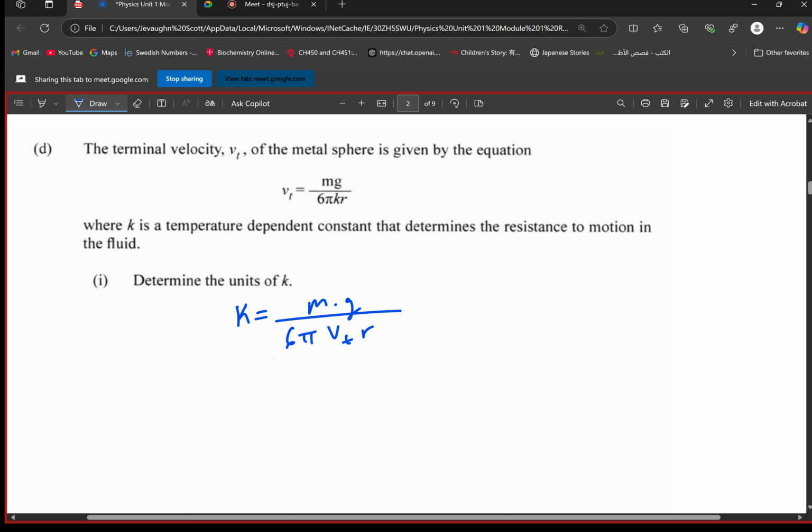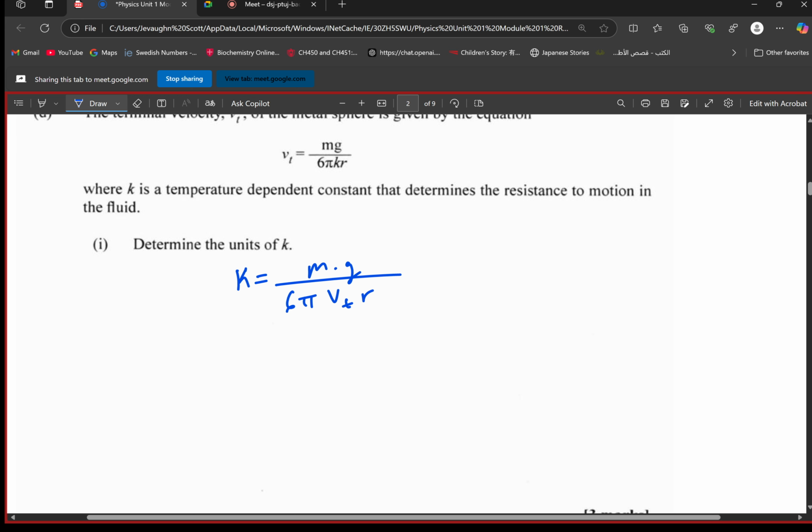So if we transpose there, we just swap around the variables, to be very honest. First of all, you guys understand what I just did, right? Okay, so not entirely, that's fine. What we did was basically multiply both sides by K, and then divide both sides by Vt.